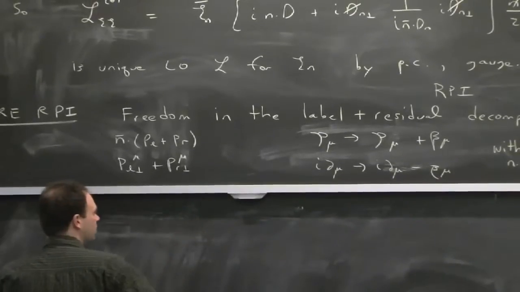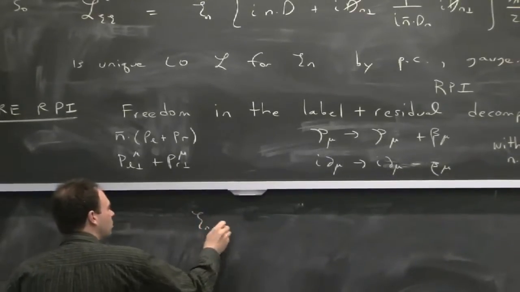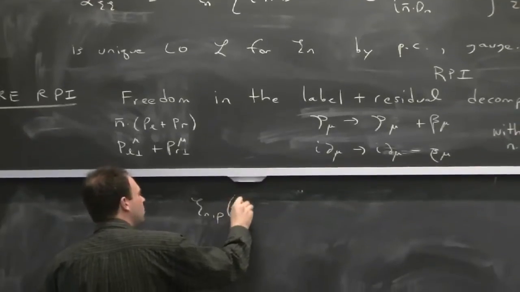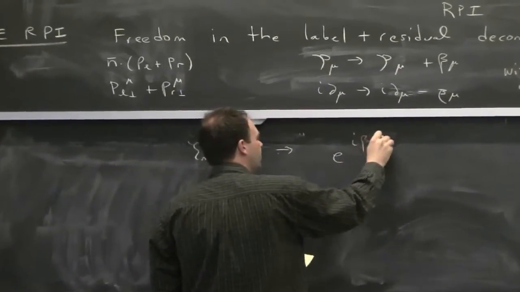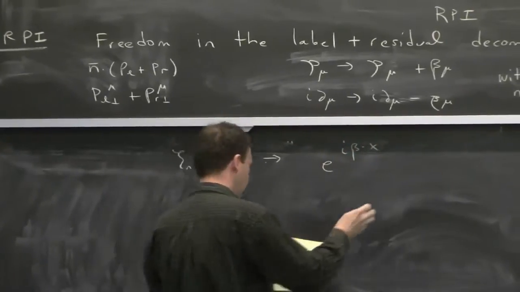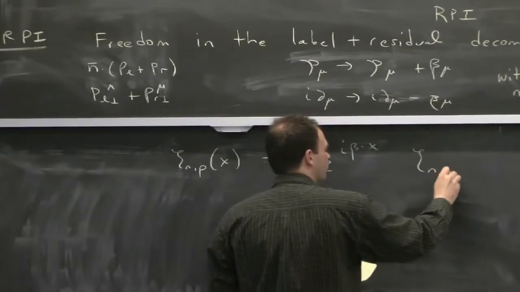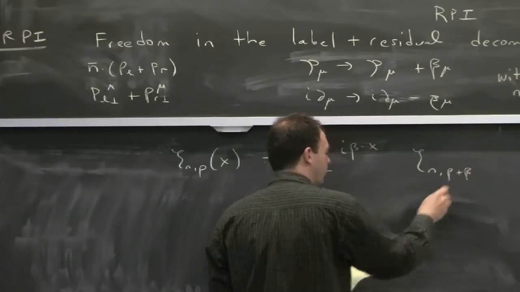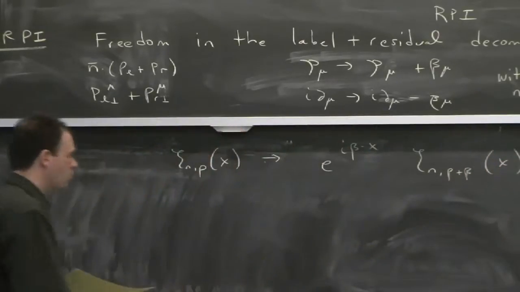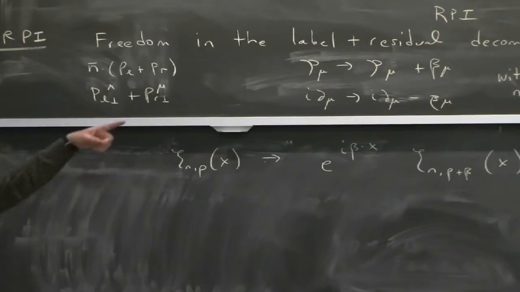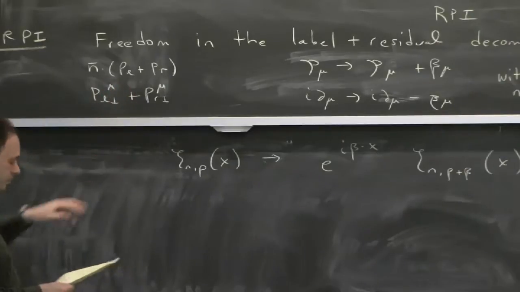If you wrote that as a change to the field, then you'd be saying that the field picks up a phase. That's the transformation for the derivatives. And then you could shift the label by beta. That's the transformation for the label. So this is a different transformation than the ones we were talking about over there, and it has to do with this freedom.